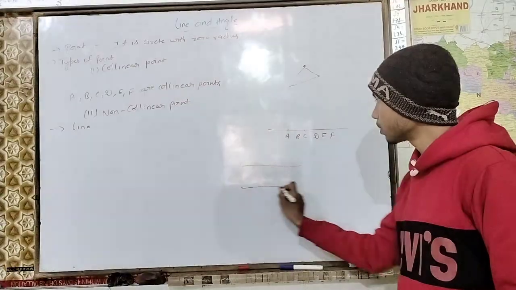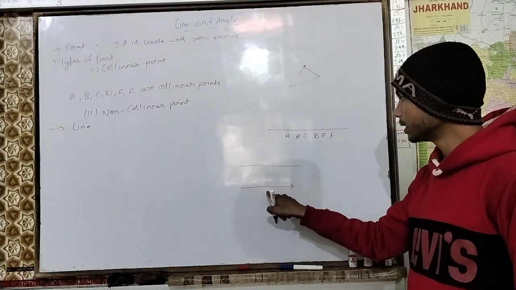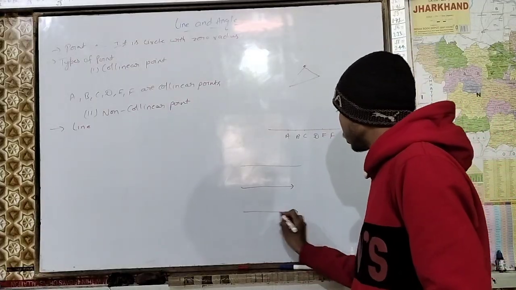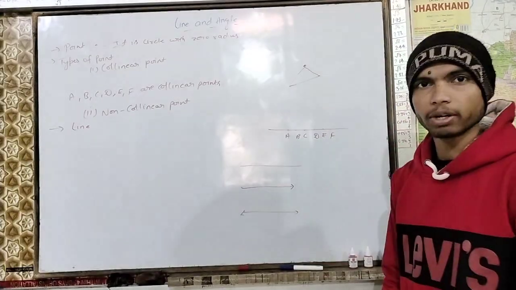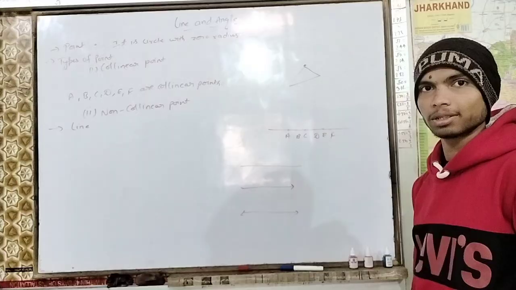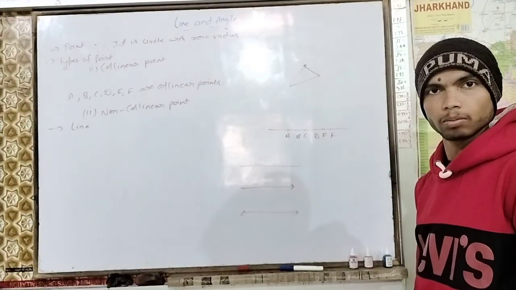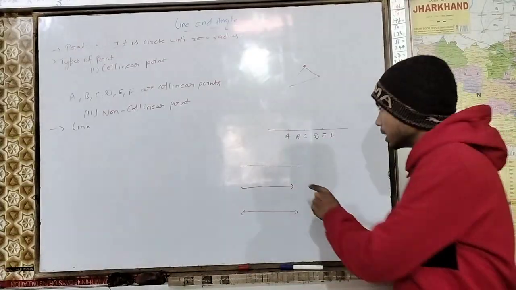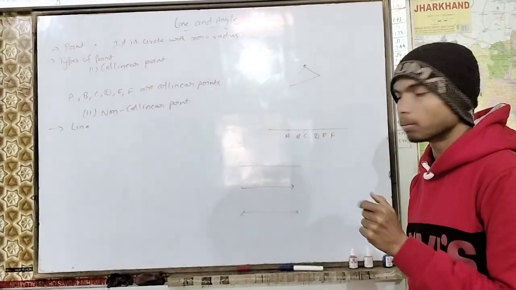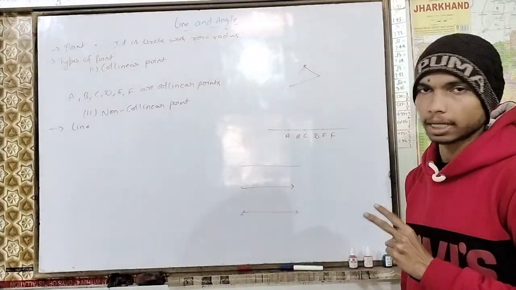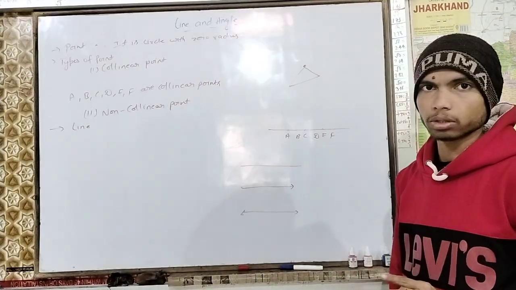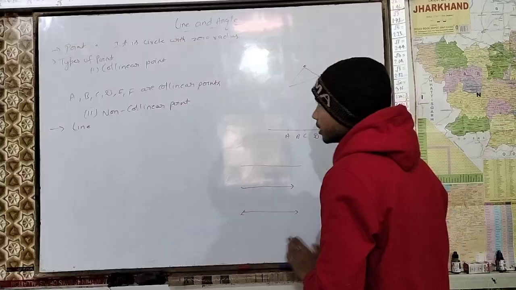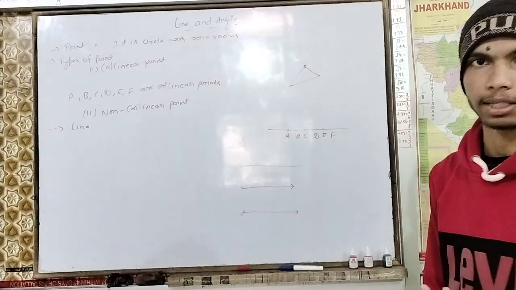If this is a line, can you call it a line? If yes, no, they are different from each other. Most of you would say yes. It does not have an arrow. It has an arrow, but only on one end. It has two arrows at both ends. But we will see it later. Right now, just understand the definition of line.